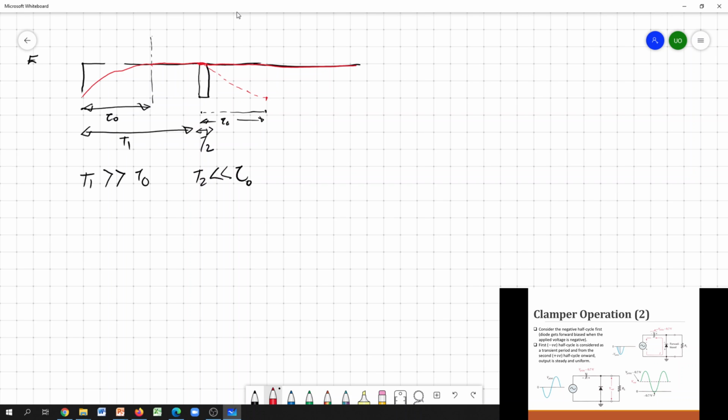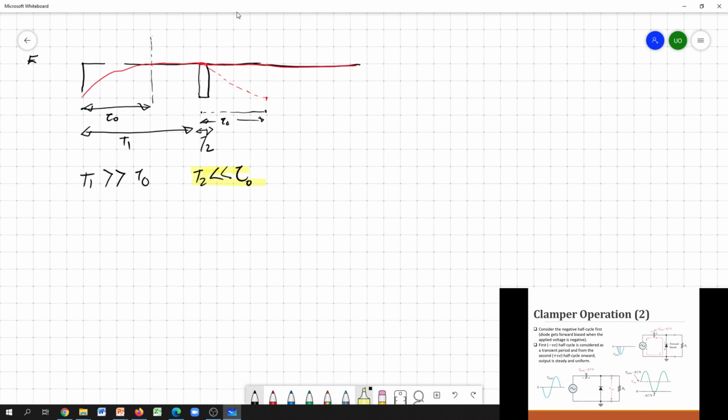In this scenario, the circuit doesn't allow the capacitor to discharge to zero.